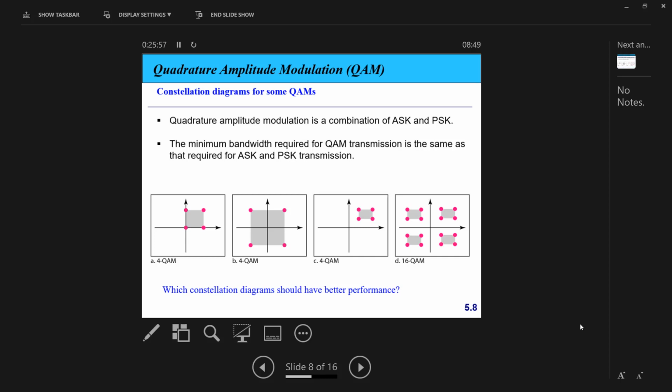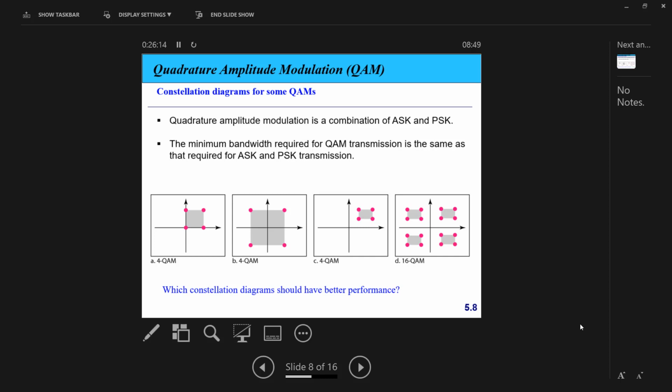So this is the question. Which constellation diagram should have better performance, and why? More levels.